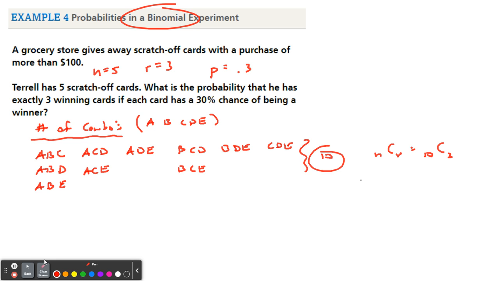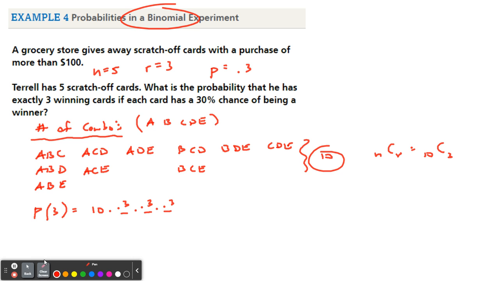Now we want 3 winning cards. So to find the probability of getting exactly 3 winners, we're going to take the 10, because there are 10 ways to pick 3, and we want 3 of them to be winners. So the first 3 spots are going to be success probabilities: 0.3 times 0.3 times 0.3.